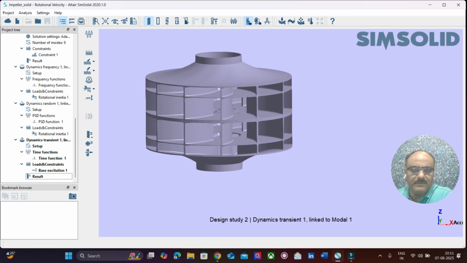We call them modal damping values because we perform the modal simulations. And now by applying the modal damping values and by linking the system to the forced vibration or the forced modal dynamics, we found that a few more alterations were to be done with the geometrical parameters.